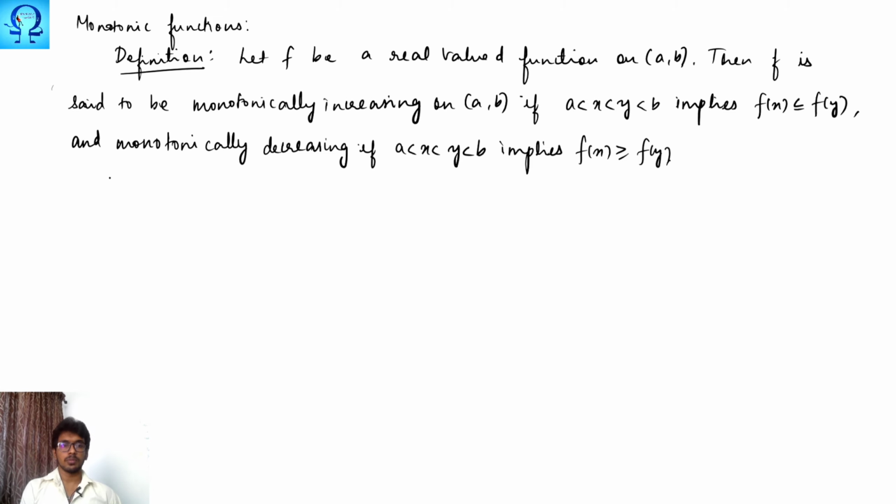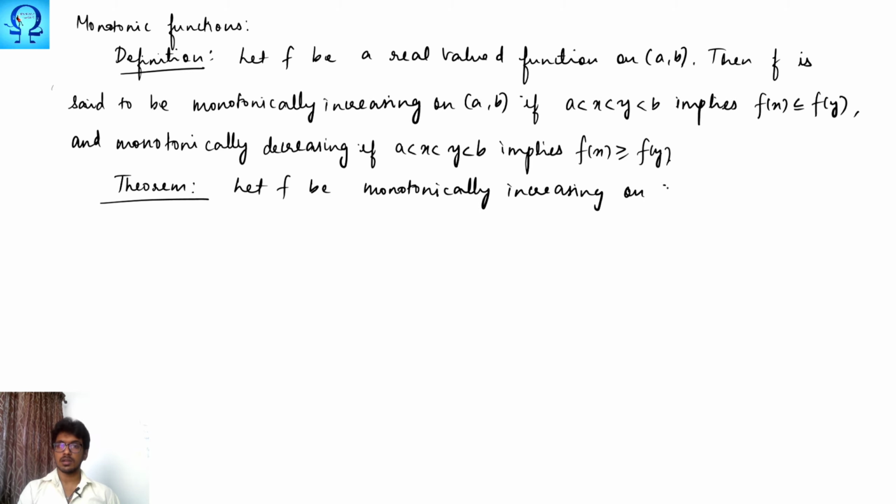So with the basic understanding of this definition, let us get into a theorem. This theorem tells you that f is a monotonically increasing function. So we are going to prove something for a monotonically increasing function now. It is monotonically increasing on (a, b).